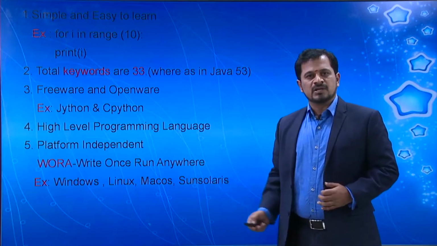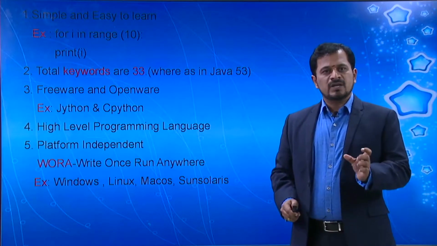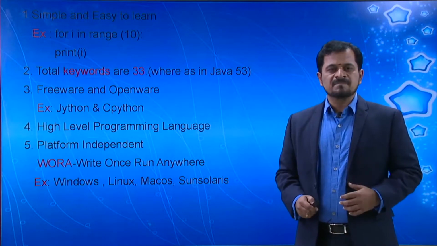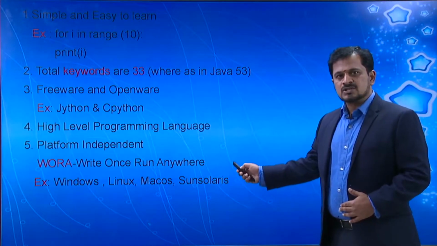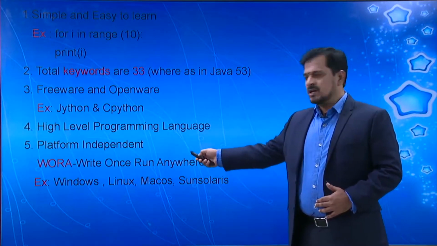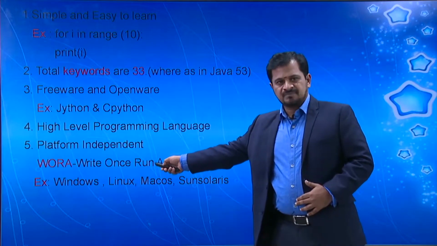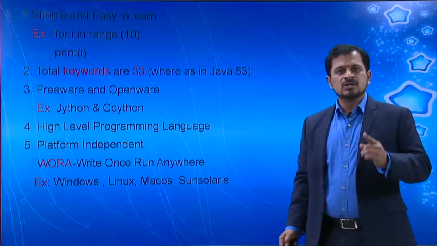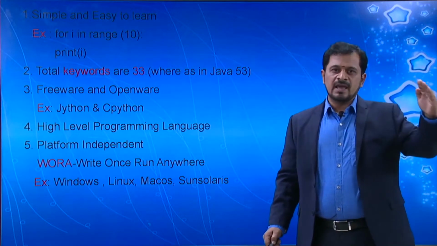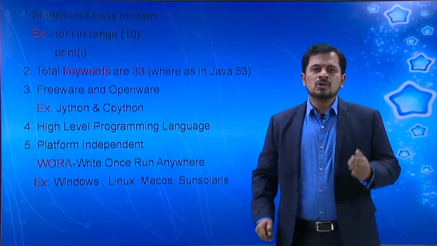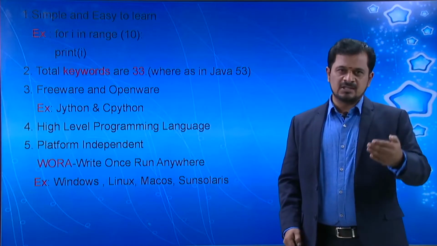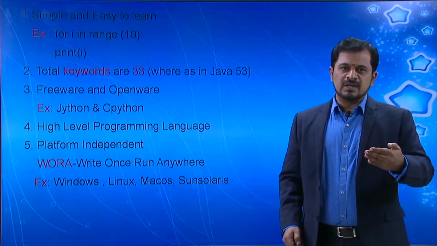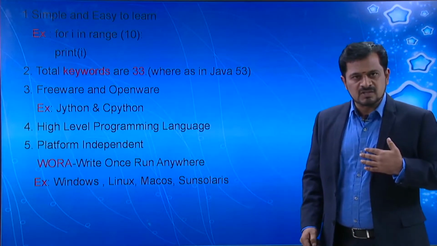And the fifth point is technically very important: platform independent. Here what they are mentioning is WORA. WORA means write once, run anywhere. If a problem statement has been given, you can write the program in any environment. I may be using a Windows operating system environment.